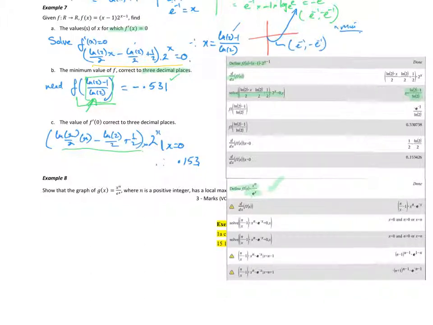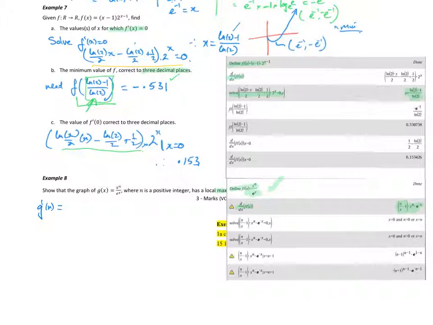So I have to find a local maximum. I've sort of covered up the question there, where n has a local maximum. So I need where the derivative is 0. So let's find the derivative, which is that. So again, if I had to show that, I'd have said g dashed of x is equal to, what is g dash?